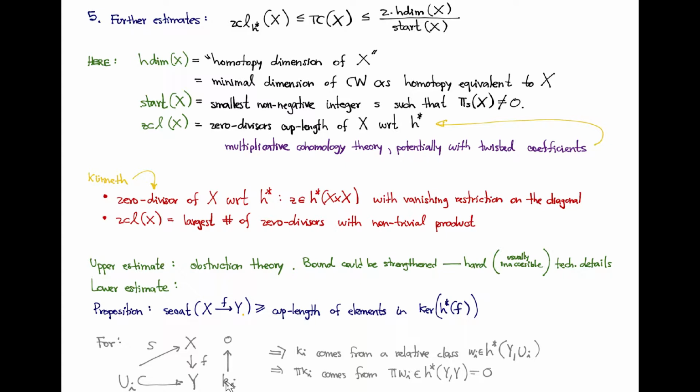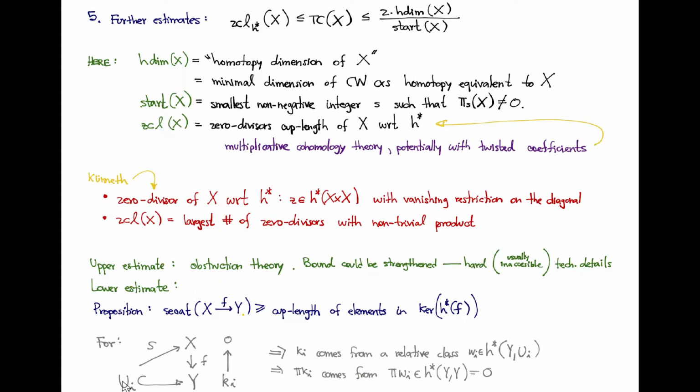Now the point is that there cannot be many of these elements with a non-trivial product, because, these elements being in the kernel, you can restrict them under S, which would be just the same as restricting Ki under the inclusion. And since it goes to 0 here, it would also go to 0 when restricted to Ui.